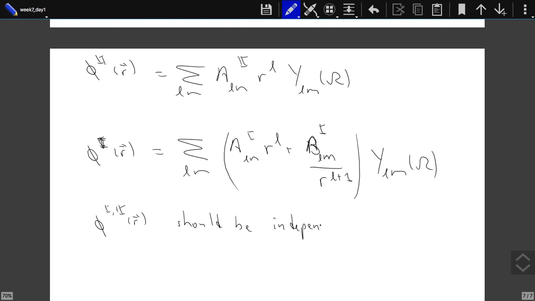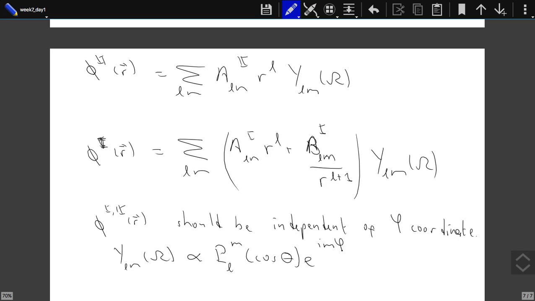So if I shift the phi coordinate in my potential, nothing should change. So my potential should be independent of the phi coordinate. Nothing should depend on the phi coordinate.